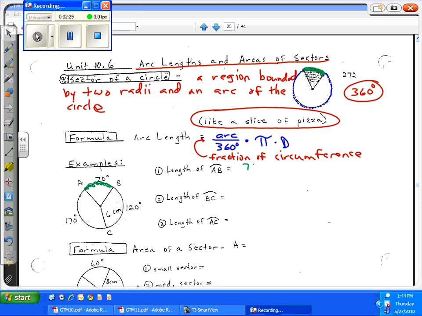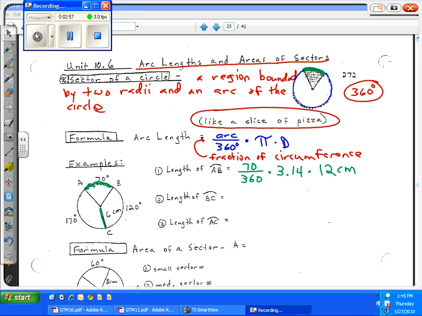we would put the arc measure 70 over 360 degrees times pi, which is 3.14, times the diameter. If the radius is 6, then the diameter would be double that, 12. And that was measured in centimeters.